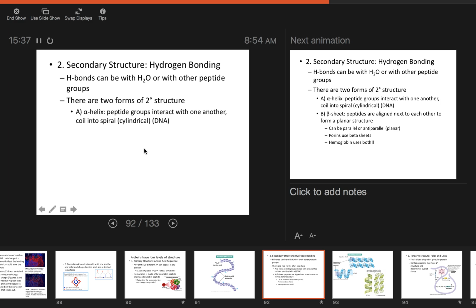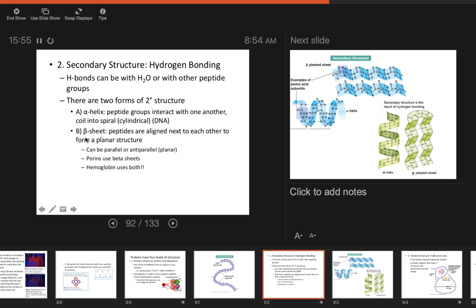Now there are two forms of secondary structure, and I mentioned it in the hemoglobin, the alpha. So if you see the term alpha in a protein, it means it's a helix. And the other one is the beta. We call that a beta sheet.